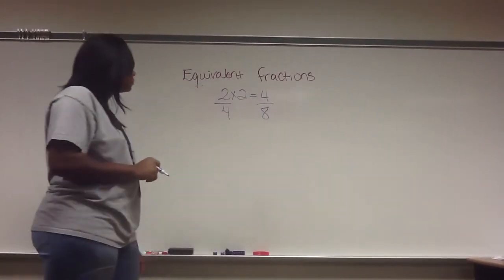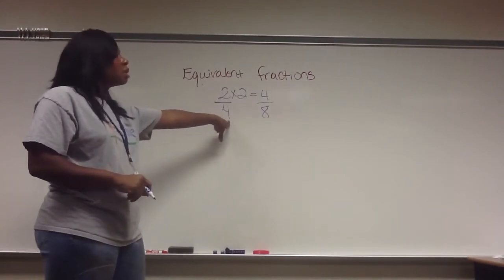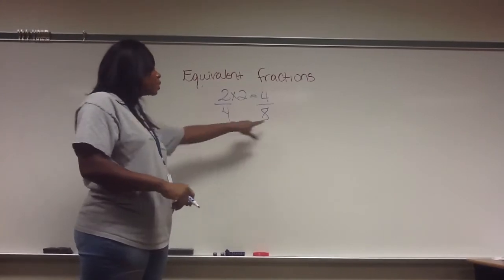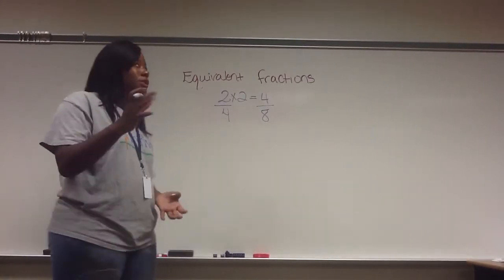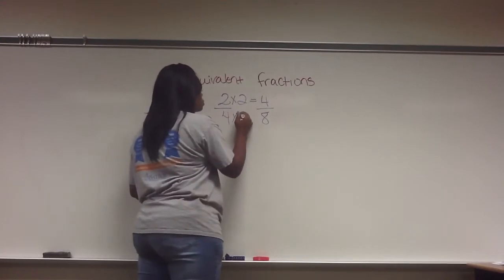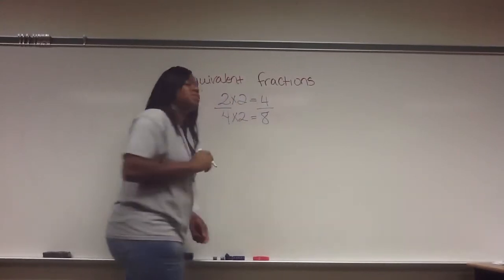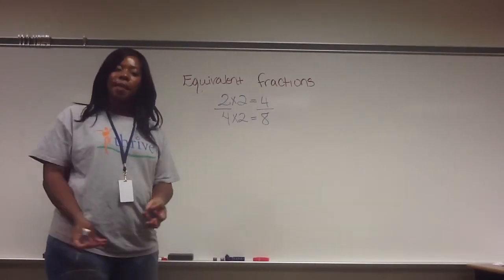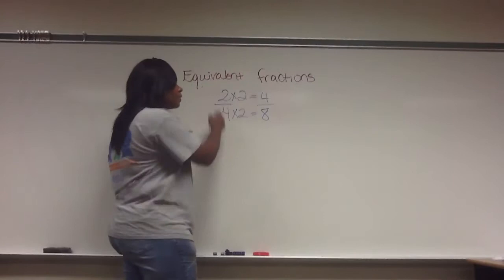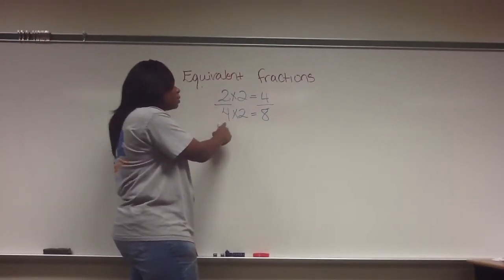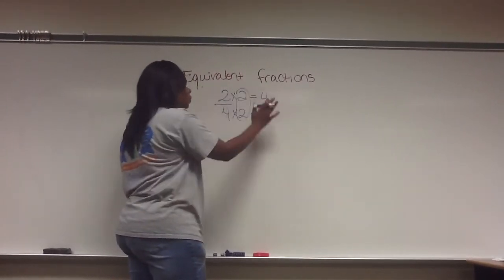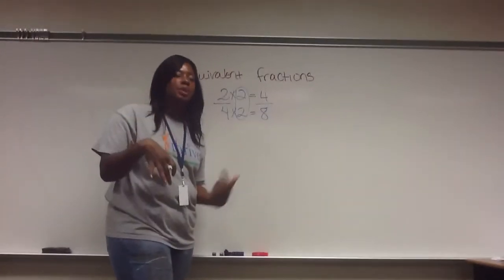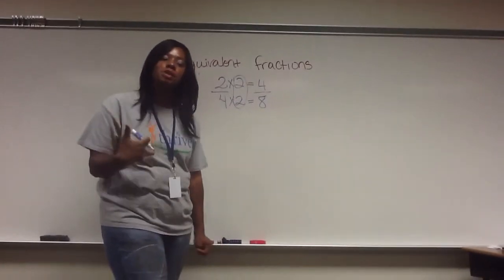So let's look at the bottom. What can I do to these denominators? What can I do to 4? What's the process that will help me get from 4 to 8? If you said times 2 again, you are correct because 4 times 2 does equal 8. So we had that happen twice. We multiplied the numerator and the denominator by the same numbers and we made an equivalent fraction. It also happened the last time we did it, but the last time we multiplied times 3.